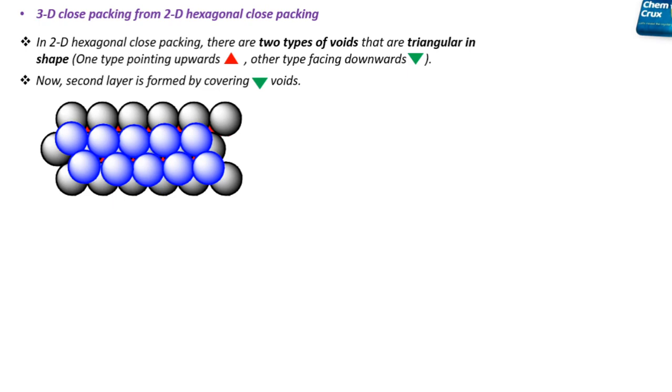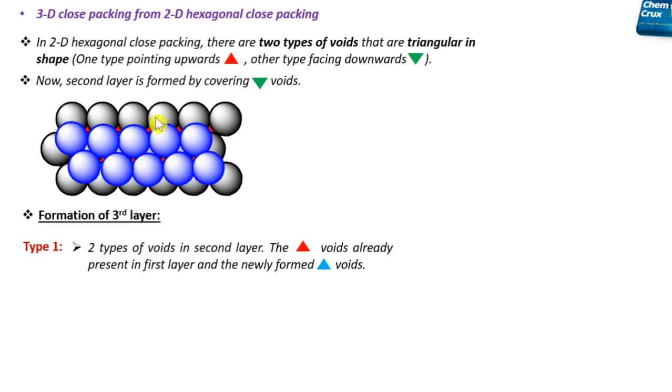Now coming to the formation of the third layer. So the third layer can be formed in two ways. So first we will discuss type 1. Now in the second layer so formed, you can see two types of voids. One is the red colored voids that were already present in the first layer, and the other is the blue colored voids that are newly formed.